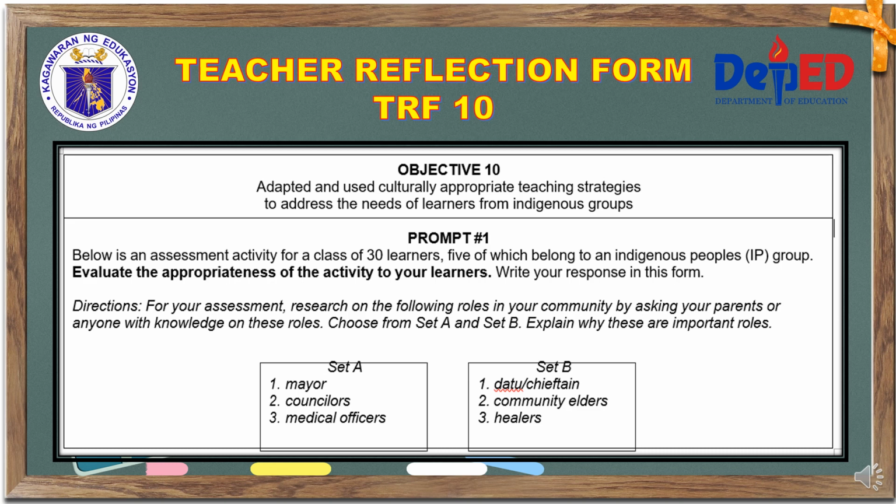And sa prompt 1, below is an assessment activity for the class of 30 learners, 5 of which belong to indigenous people or IP group. Evaluate the appropriateness of the activity using learners. Write your response in this form.